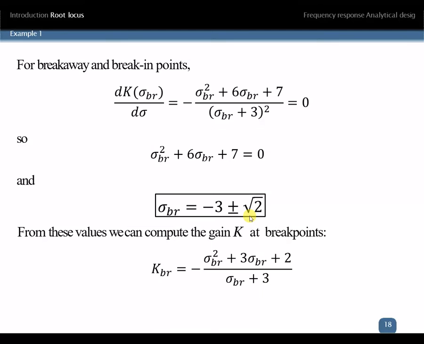Then we find the denominator equal to 0. You find sigma equal to minus 3 plus or minus radical 2. This one is the breaking point. And if you substitute in the previous equation, you find the k.